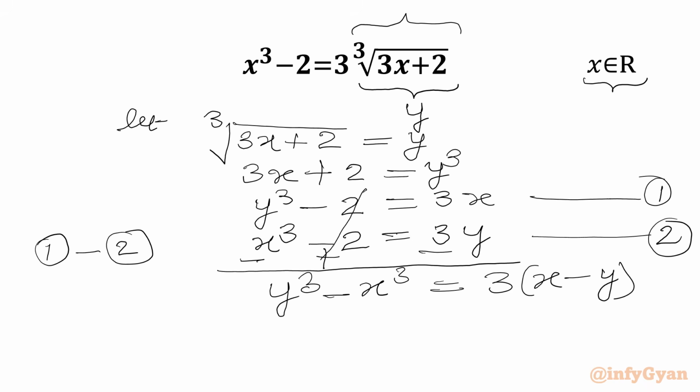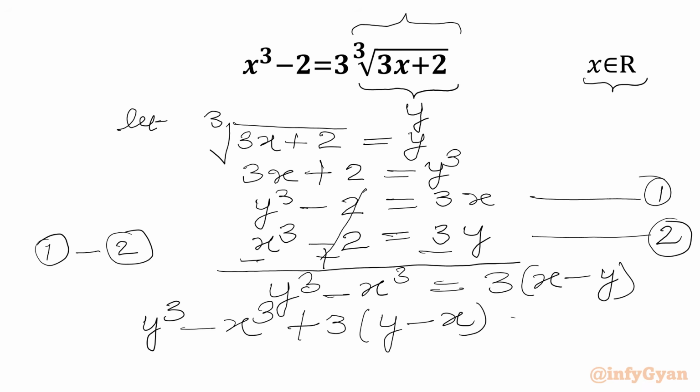Now we will take all the terms to the left hand side. So the equation will become y cube minus x cube plus 3 times y minus x equal to 0. Now we'll be using the a cube minus b cube formula over here.